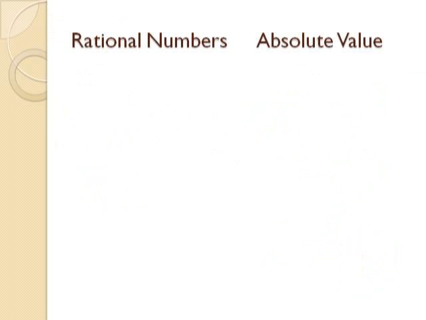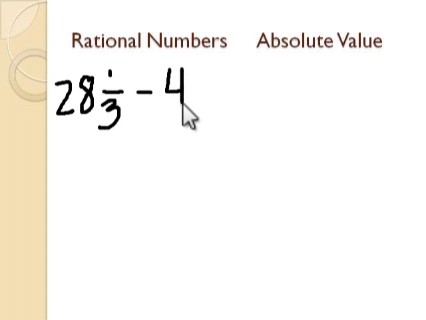Okay. So my example is going to be 28 and 1/3 minus 48. Okay, so this doesn't look weird because there are no negative numbers involved, except that the smaller number is before the bigger number.